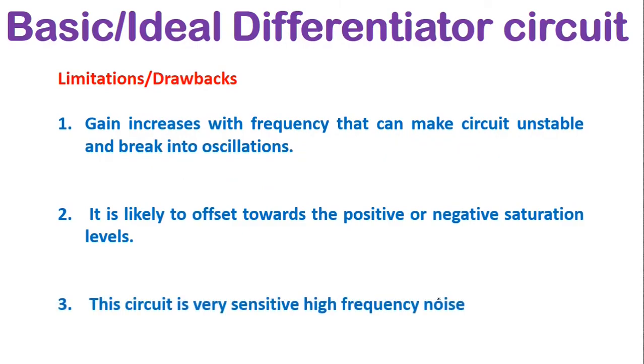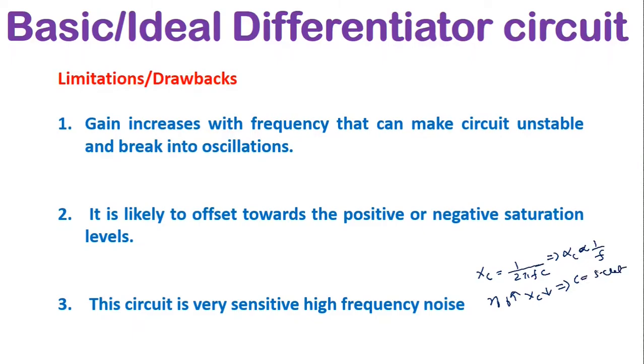Third limitation is this circuit is sensitive to very high frequency noise. Now let us understand this statement. We know that the capacitive reactance is given by 1 upon 2 pi f c. That means the capacitive reactance X is inversely proportional to frequency. So if frequency increases, the capacitive reactance decreases. That means the capacitor which is connected in the input side will act as a short circuit for high frequency signals.